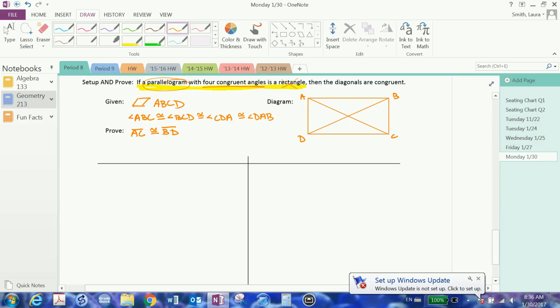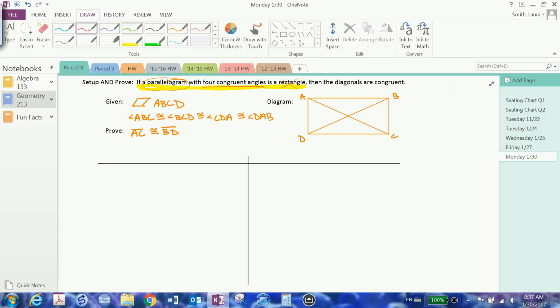But I do think that we could still prove these same overlapping triangles that we had in the proof just above, but just not use RHL. We could go by side angle side on this one, right?